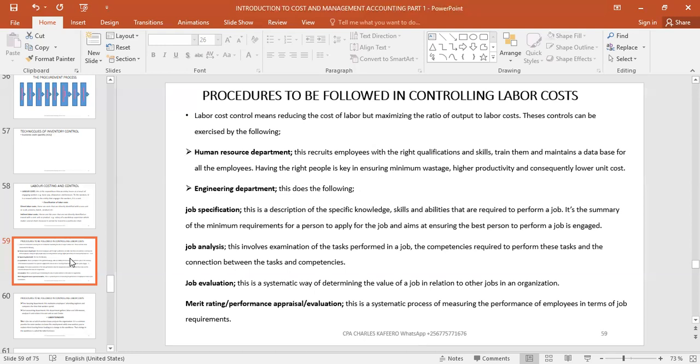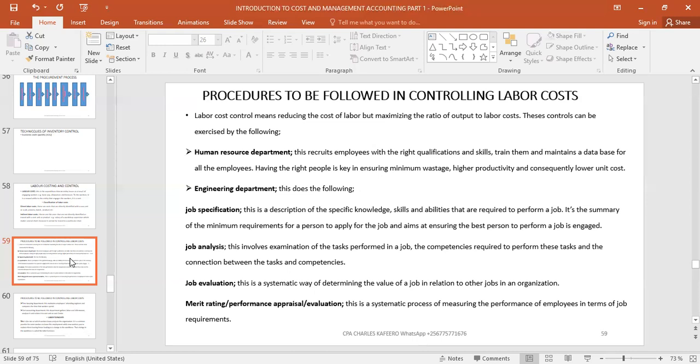So the engineering department analyzes the job before it is forwarded to the HR department. They make sure they give the right specifications for the job that is available, or for the vacancy that is available.